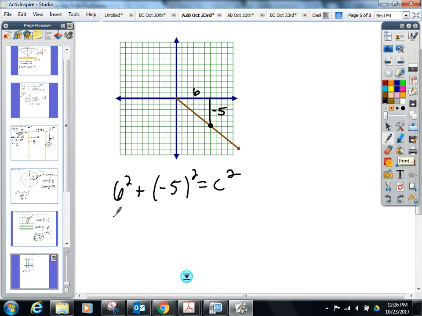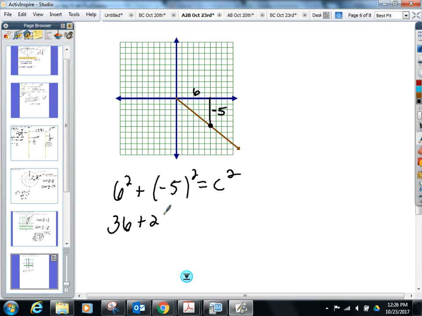And you can just leave it underneath the radical. That's it.